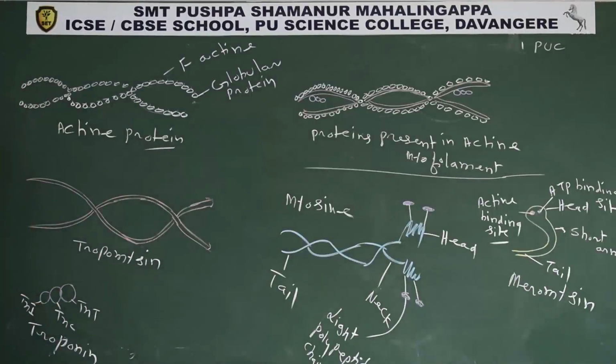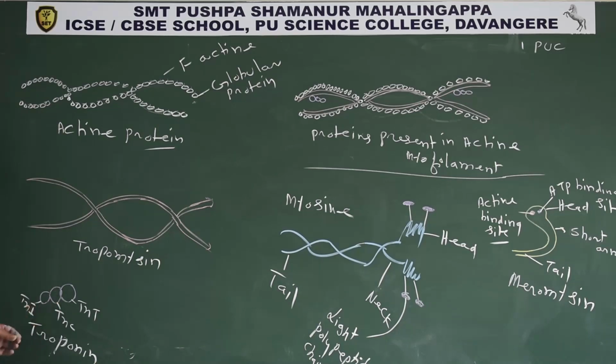Next one, troponin. Troponin is a complex protein that contains three subunits: troponin T, troponin C and troponin I. With the help of the TnT subunit, troponin binds to tropomyosin. As a result, a troponin-tropomyosin complex is formed.